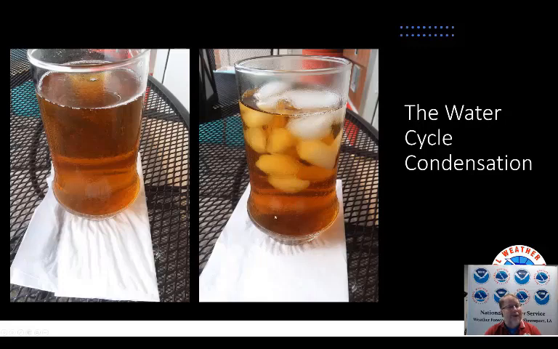What's happened is the surface of the glass is cold enough, or below the dew point, that when the air contacts it, the moisture in the air condenses onto that surface. And you can see over here on the picture on the left side, all the ice is gone, but that napkin is puckered quite a bit, and a lot of moisture has gone into that napkin. So condensation is the moisture in the air coming back together.